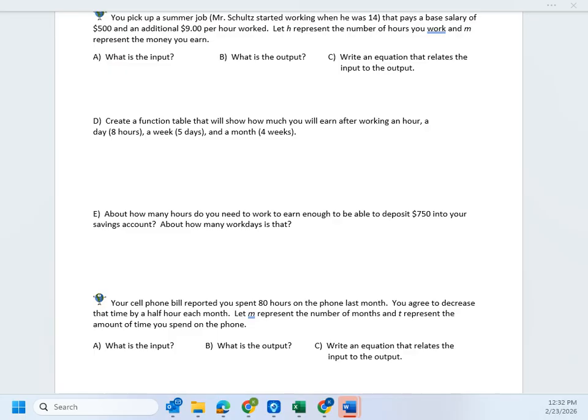So the first thing we want to do is decide which of those variables is our input, the number that we are putting into the function table, and which one is the output, what we're getting out of it. So remember my trick I gave you on how to determine what's the input and what's the output. Which one of these, the H for hours or the M for money, which one is our input?